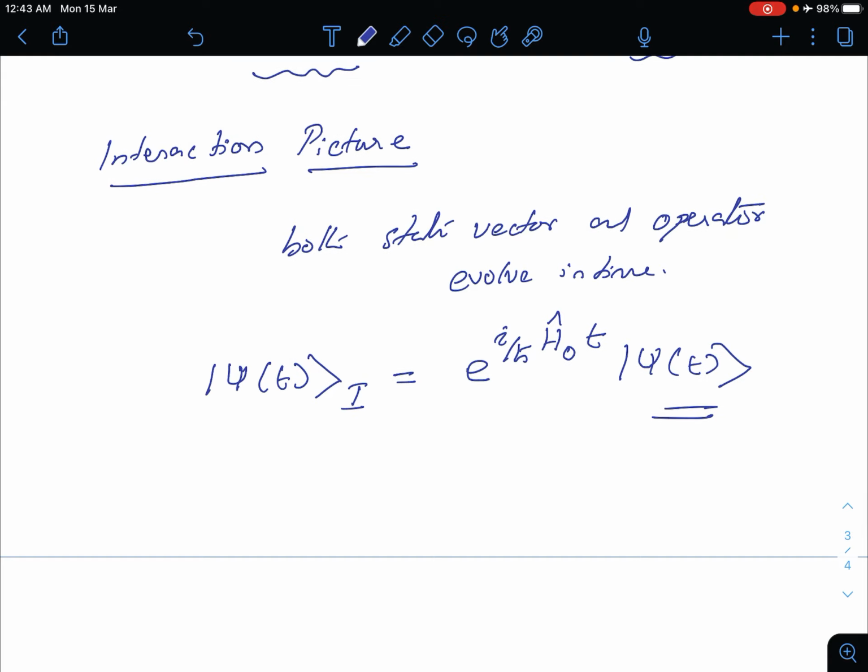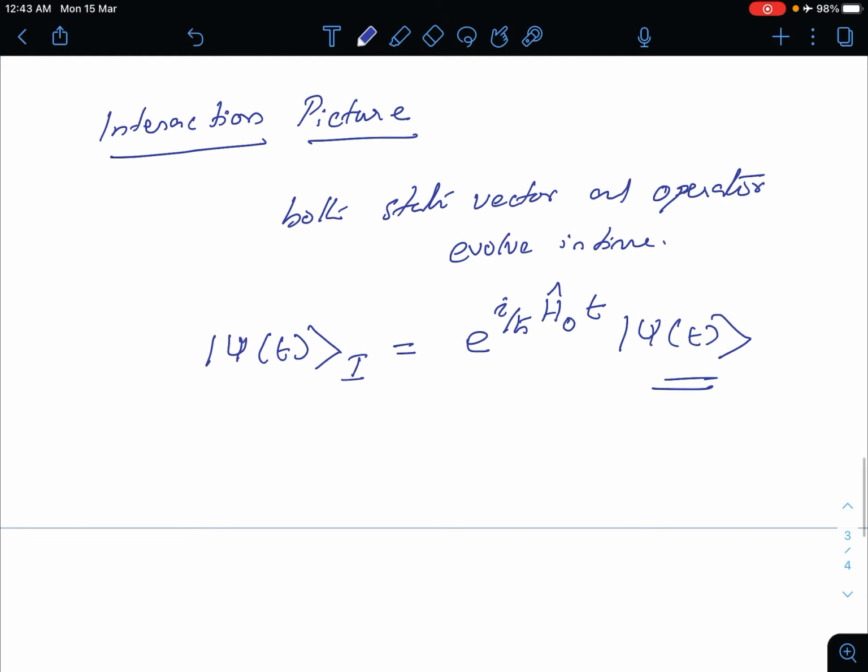Now let us say the Hamiltonian H is H0 plus V of t. Here the Hamiltonian can be separated into two parts.